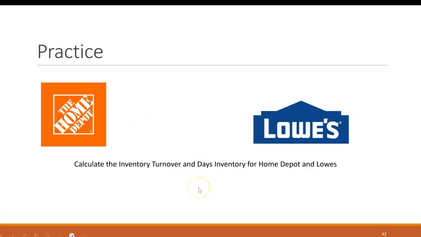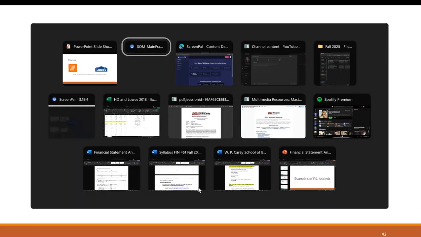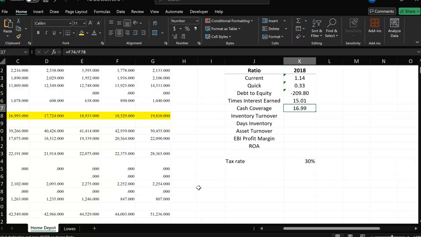Let's do some calculations here for Home Depot and Lowe's. Let's just calculate inventory turnover to start with. We'll go to my spreadsheet and calculate inventory turnover for Home Depot and Lowe's.